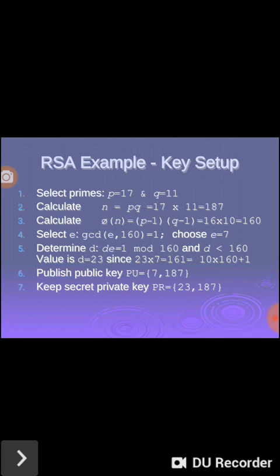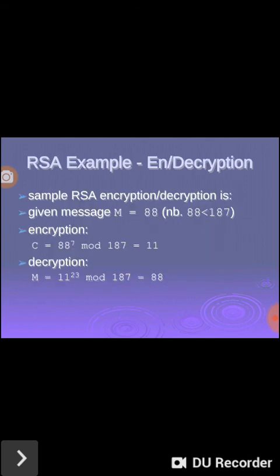The public key is 7 comma 187, and the secret or private key is 23 comma 187. So after performing the encryption operation, the ciphertext equals 11, and after performing the decryption, the original plain text equals 88.